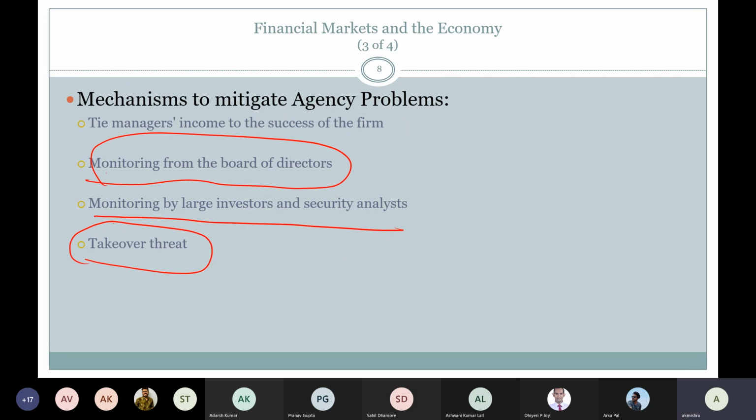That is what we call the takeover threat. You threaten your manager that if they are not going to work in this way, then we will be forced to take this kind of decision. We will have to send you out.